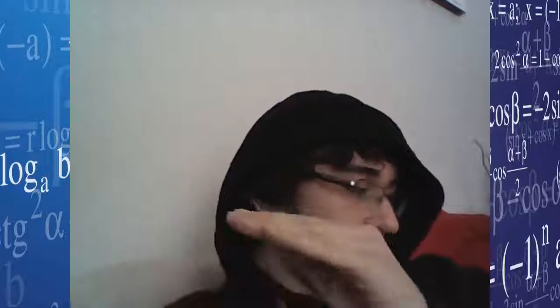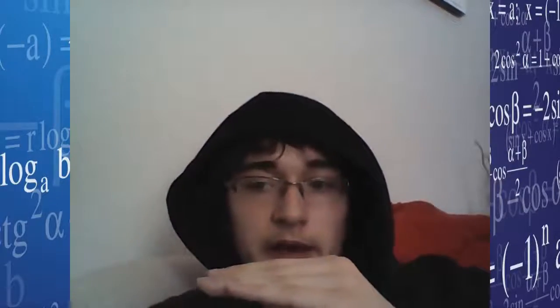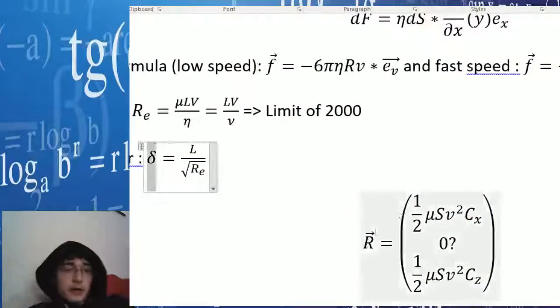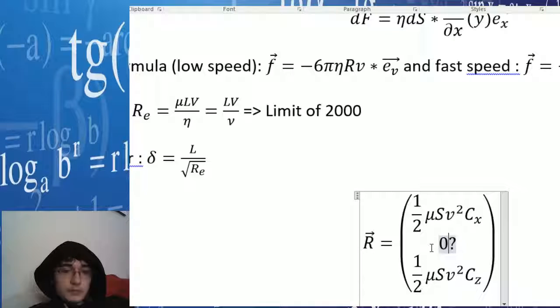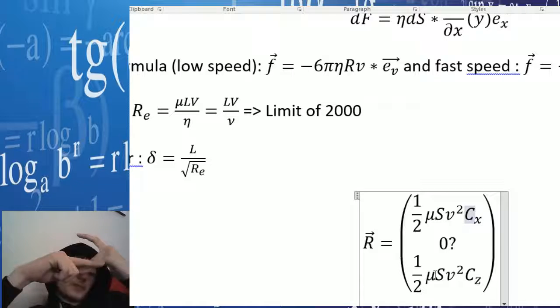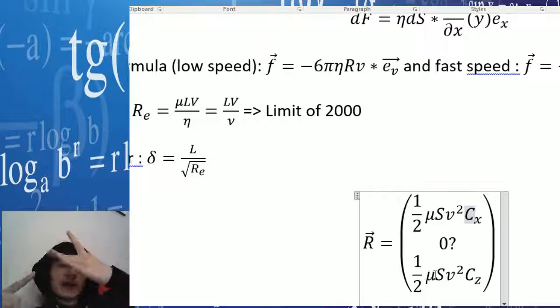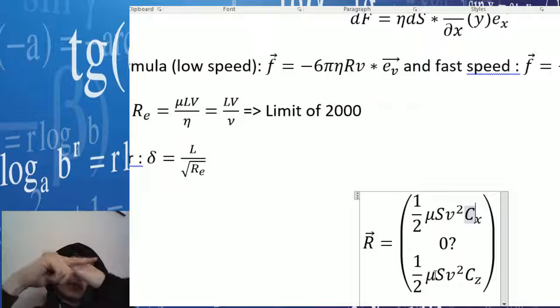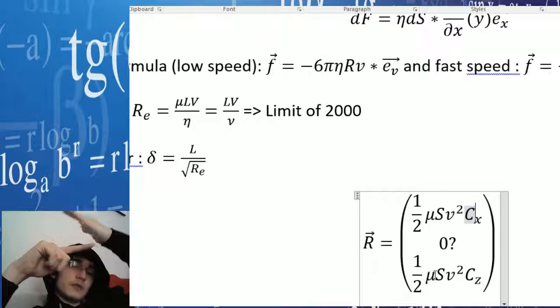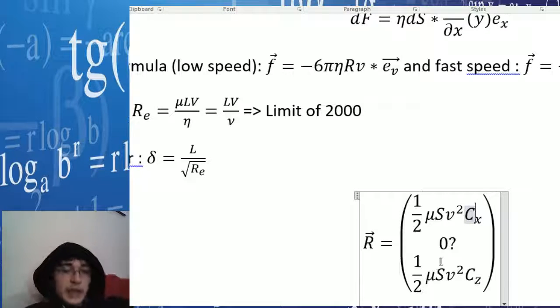So what will happen is that you will define R as being this. So it has two components on the x. So the fact that the air just pushes backwards the plane, and the fact that it pushes upwards, if you put the air, it pushes upward the plane.